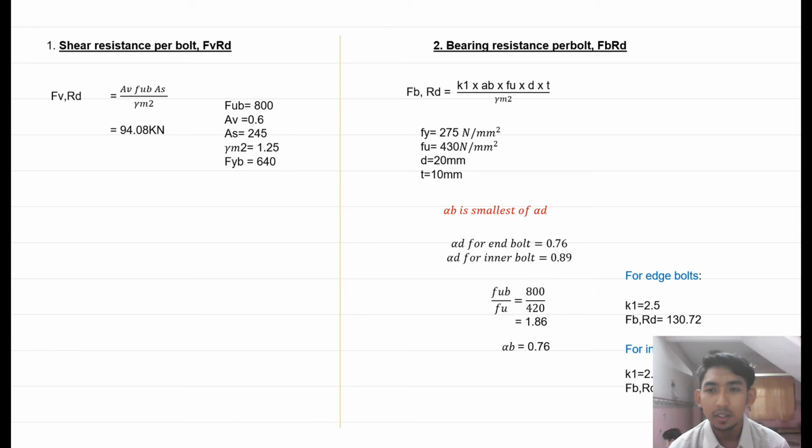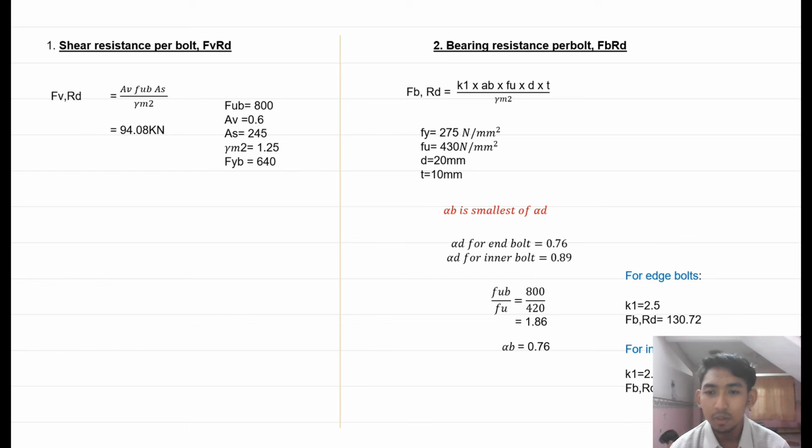Next, bearing resistance per bolt, FBRD. The FBRD formula is K1 times AB times FU times D times T over gamma M2. Fy is 275 Newton per millimeter square. Fu is 430 Newton per millimeter square. Diameter is 20 millimeter and T is 10 millimeters.